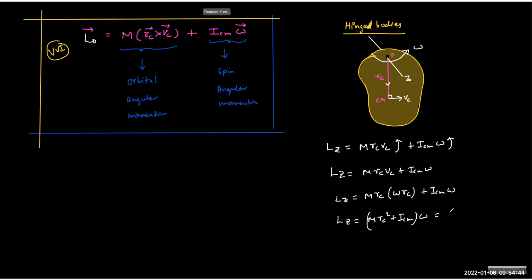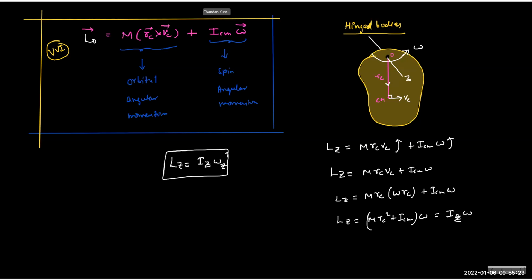And this is nothing but the moment of inertia about which point? O point. Or I can say I_z. It looks nice. Now, what does it mean? The two terms will become a single term, but the difference is that I_CM omega will change to I_z omega, because I_z is the new axis, and because it's performing pure rotational motion about the axis.